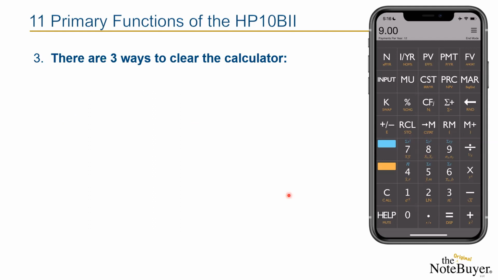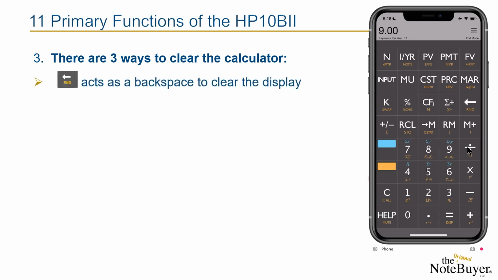The next thing I want to share with you is that there are 3 ways of clearing the calculator. This button right here is the back arrow. First let's load up some numbers on here. Then if you hit the back arrow, you can see that it clears the display 1 digit at a time until you get back to the beginning.